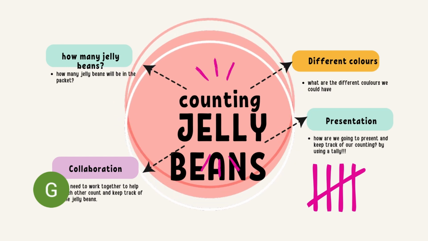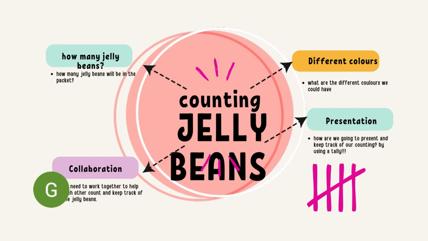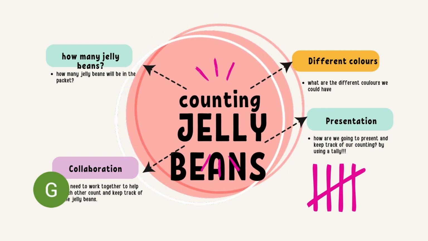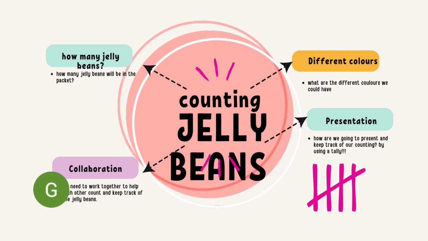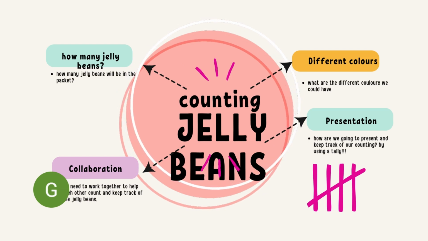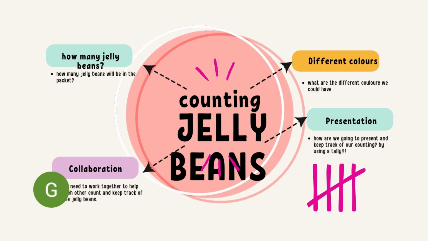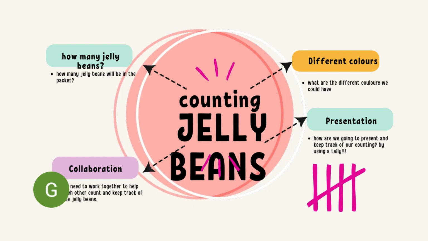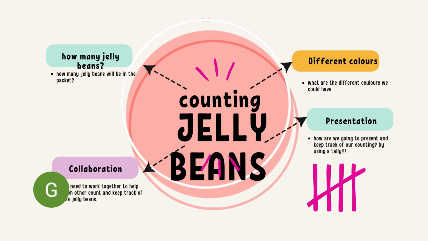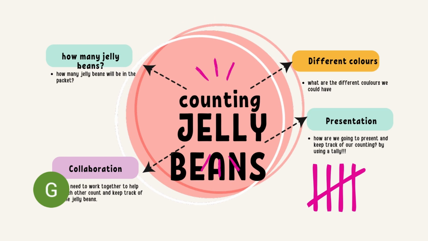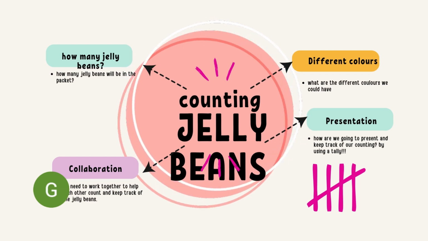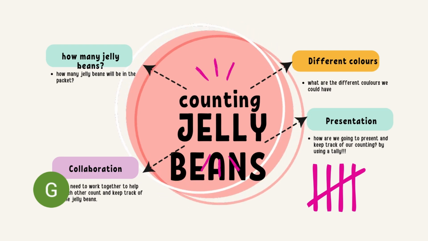So for every jelly bean, we're going to make a mark, and at the 5th jelly bean, we are going to make a strike across so that it looks like what you see on the screen. And we're going to count every colour of every jelly bean, and we're going to put it all into a table. So each row is going to have a different colour and a different count.